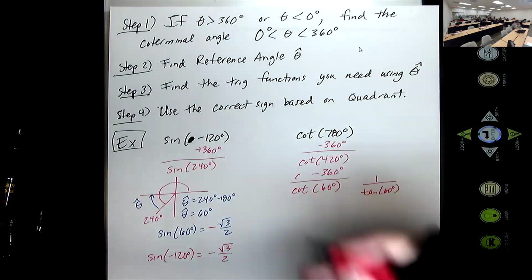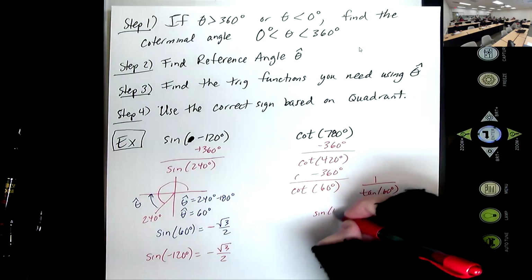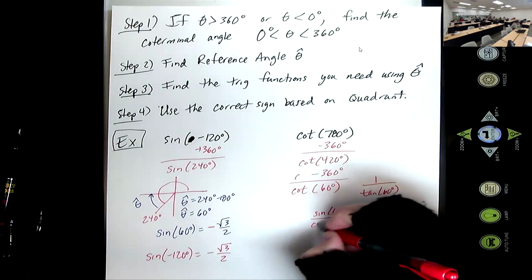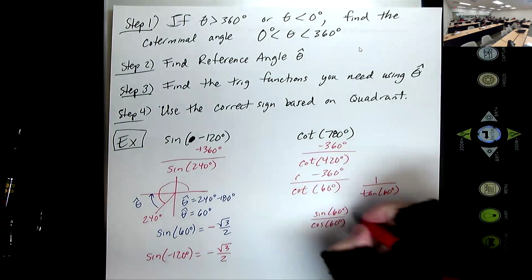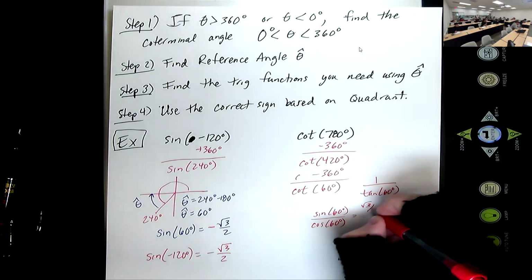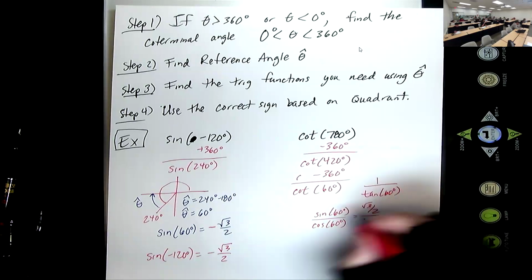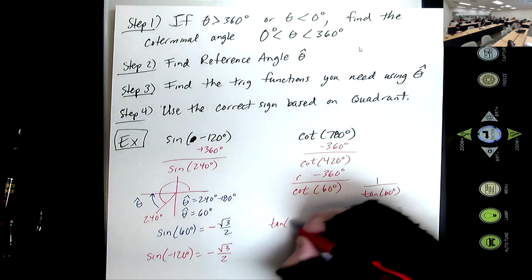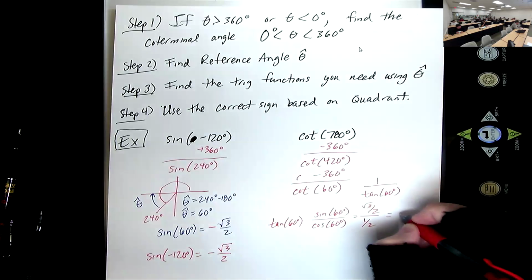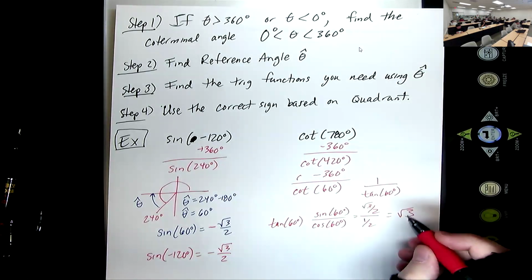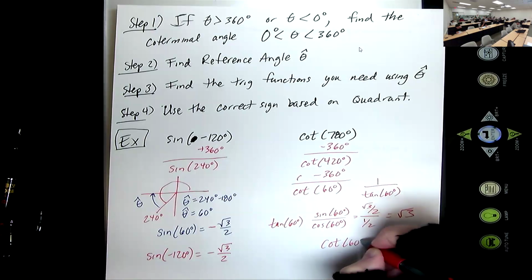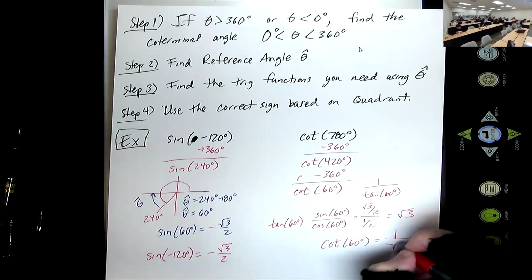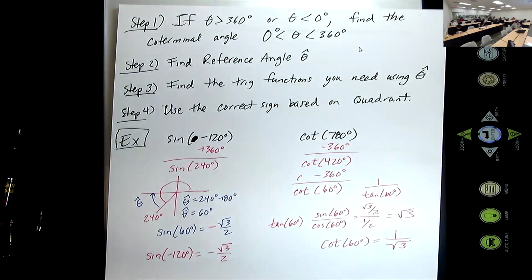And if you don't remember that, do the sine of 60 over cosine 60. You just memorize sine and cosine. You'll have root 3 over 2 over 1/2. So tangent of 60 is root 3. Which means cotangent of 60, we flip that over, is 1 over root 3.